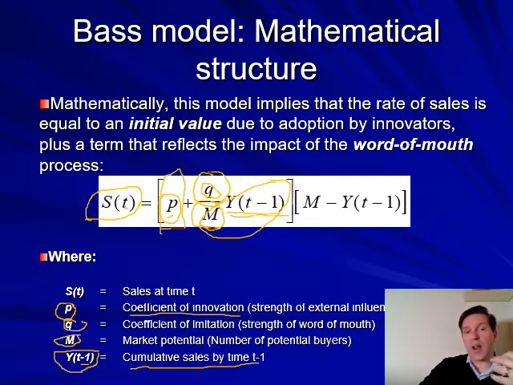This is telling you how many people already have the product. And the larger this percentage is, obviously, the more likely you are to jump in and buy the product if you're an imitator, because there is a lot more likelihood that you will be able to talk to somebody about whether the product's worthwhile or not.